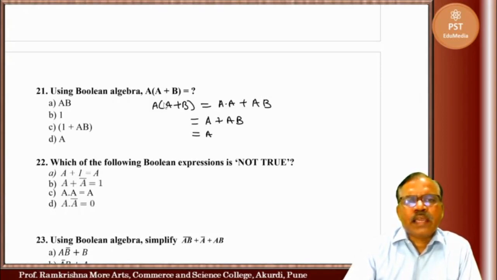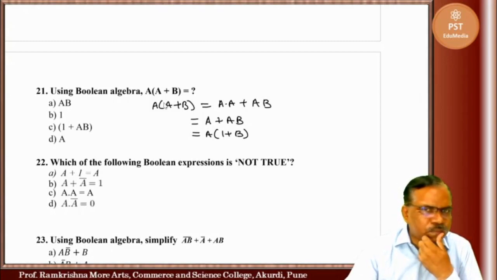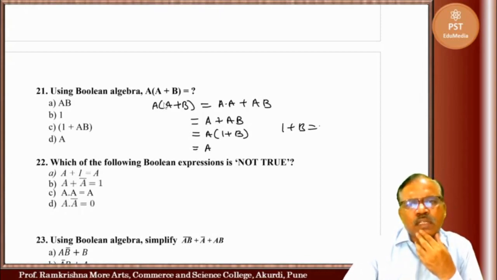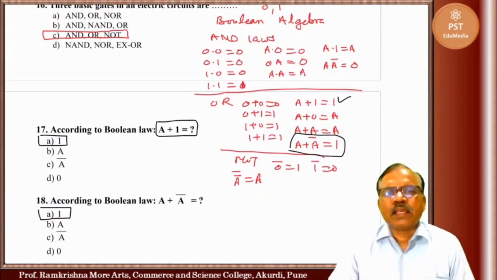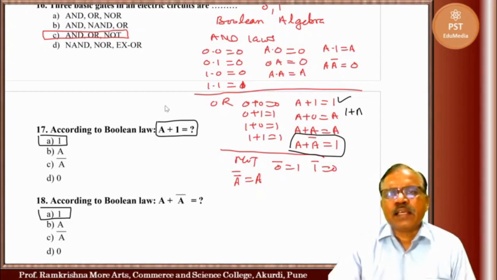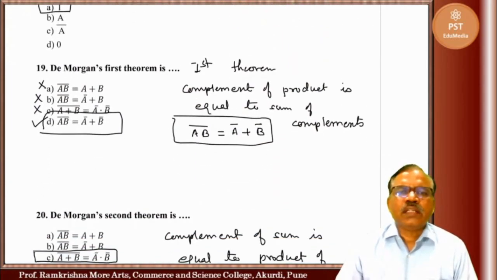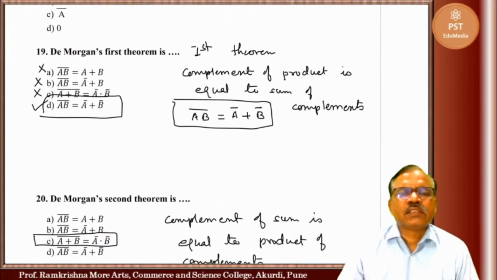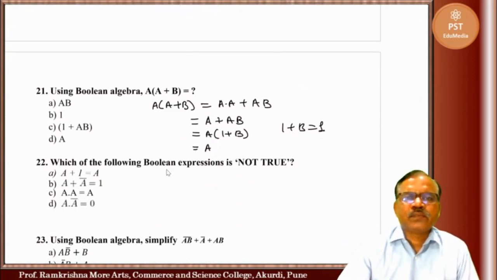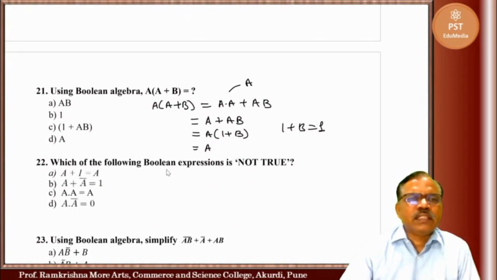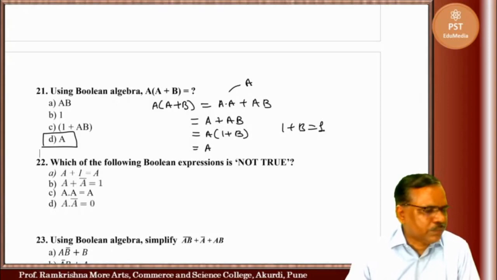Now I can take A common, 1 plus B. Now what is 1 plus B? 1 plus B is 1 according to our Boolean algebra. Here A plus 1 or 1 plus A is equal to 1. So here 1 plus B is 1, and A into 1 is A. So here it is A. So this last one is correct.